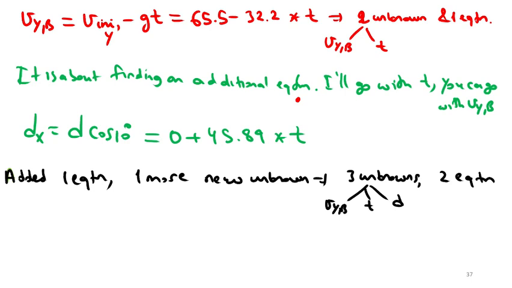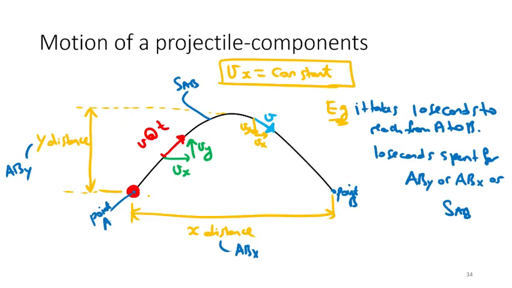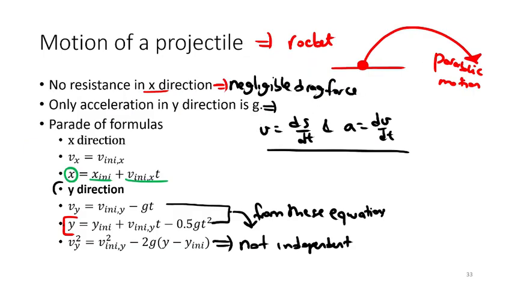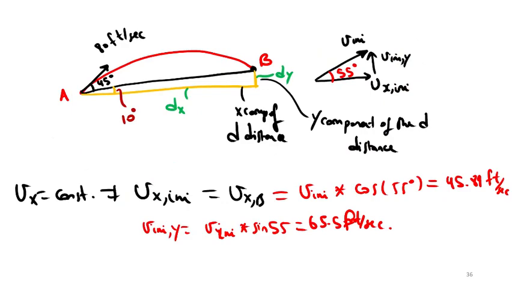Okay, then one more equation I will take for the distance d, but now I will go with the y direction distance and then try to relate and then find the unknown. So let's do that. The y direction is initial y plus the initial y velocity times t and then the acceleration, half times t squared.